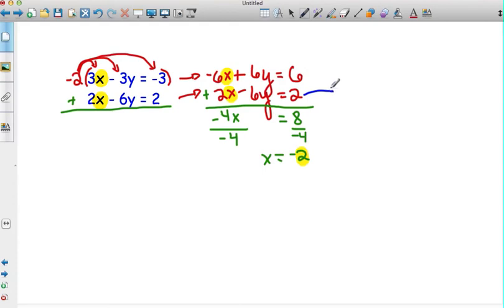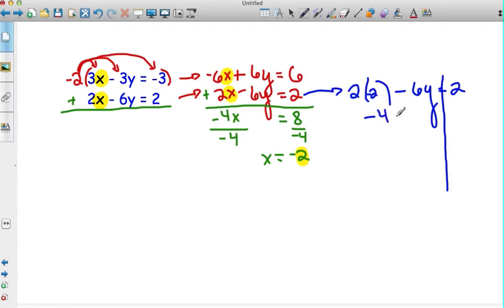I'm going to say 2 times negative 2. Whoops, negative 2 minus 6y equals 2. Again, we're going to try to solve for y. I get a negative 4 minus 6y equals 2, plus 4 plus 4.